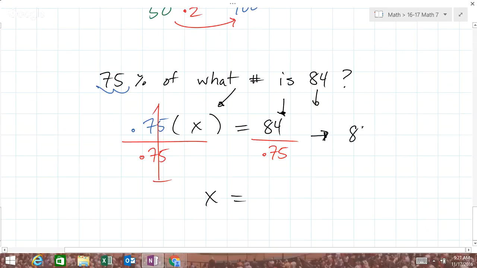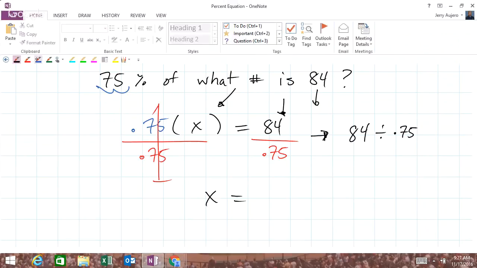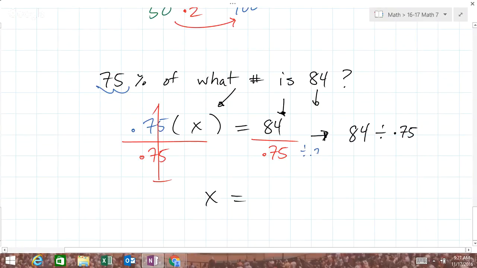And that's going to be 84 divided by 0.75, because look, that whole giant 1 idea, divide by 0.75, divide by 0.75. There's our giant 1. So what'd you get here? 112? Okay, so there's our answer.